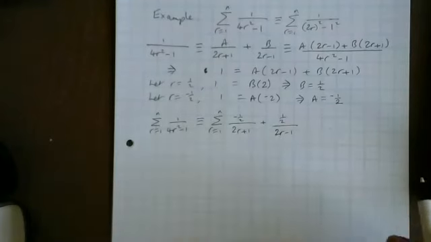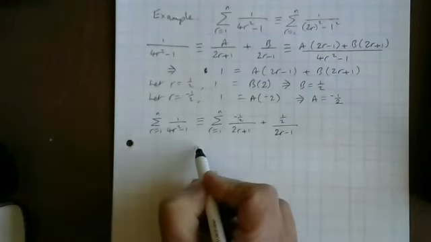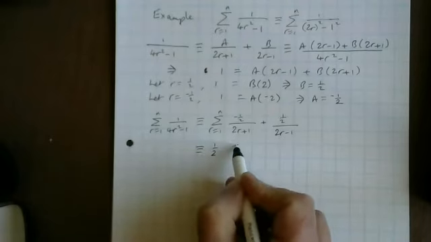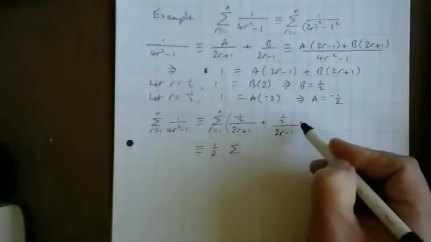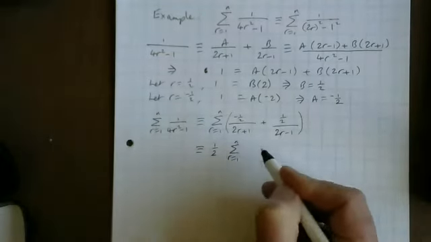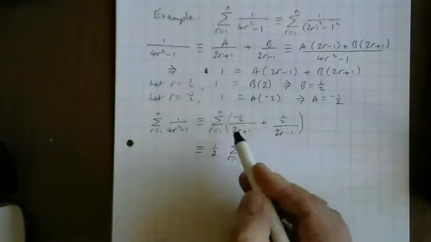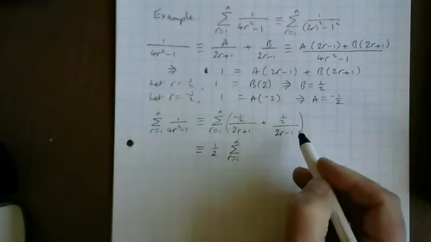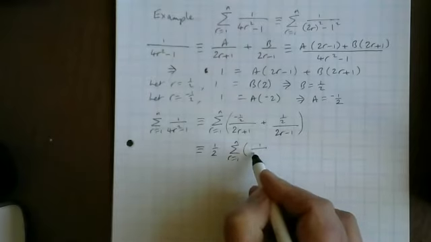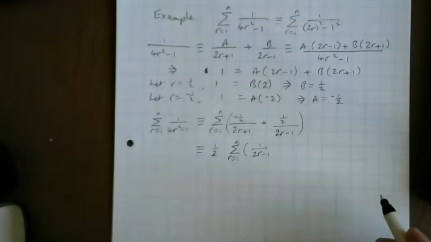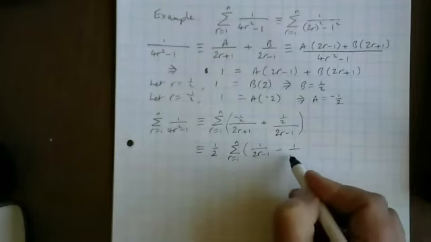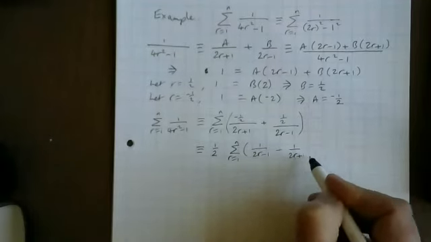I'd rather bring this half to the outside. It is the same as a half times the sum, I should put brackets in here, sorry, a half times the sum from r equals 1 to n. Let's switch these around so I've got my minus in between them rather than at the beginning: 1 over 2r minus 1, minus 1 over 2r plus 1.